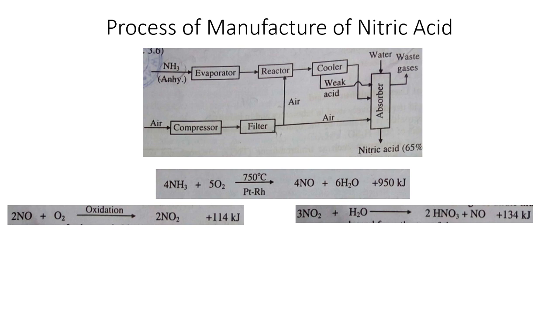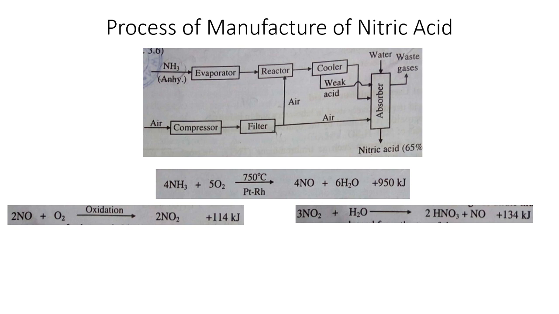The product nitric acid obtained by this Ostwald process is 61 to 65% concentrated. The conversion of ammonia to nitric acid is 93%, meaning the yield is 93%, but whatever you are getting, that acid is 61 to 65% concentrated.